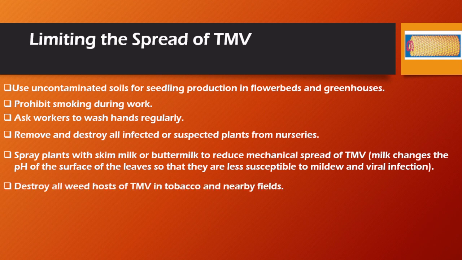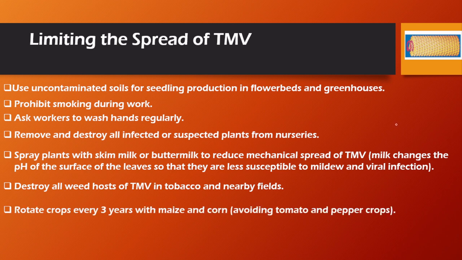We have to destroy all the weed sources of TMV in tobacco and nearby fields. We should rotate crops every 3 years with maize and corn, avoiding tomato and pepper crops because they are hosts for the virus. We should use TMV-resistant varieties for cultivation. By these practices we can limit the spread of TMV.